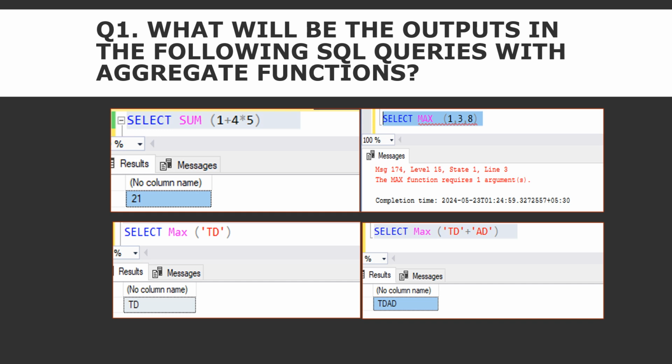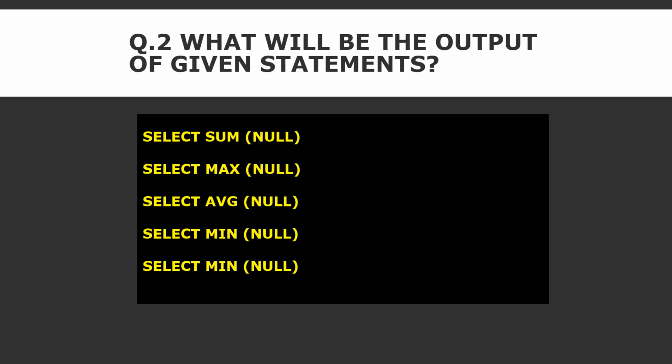Okay, so now let's see another interesting example with null and aggregate functions. So what is the impact of null on the aggregate functions? For example, what will be the output of the given statement? Select sum of null or minimum of null or maximum of null.